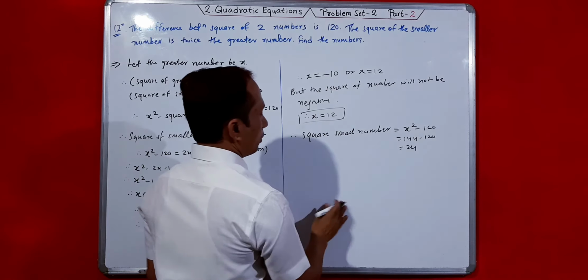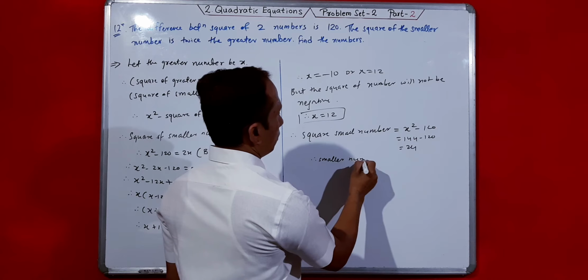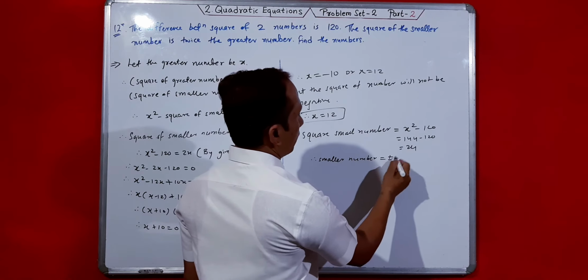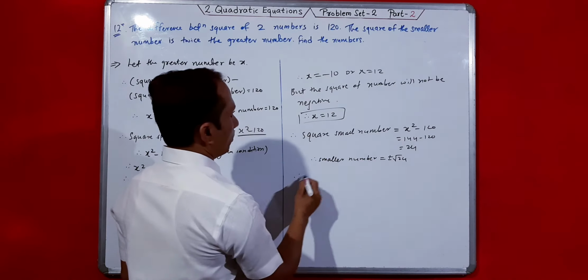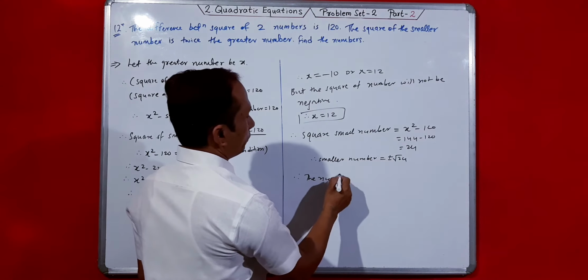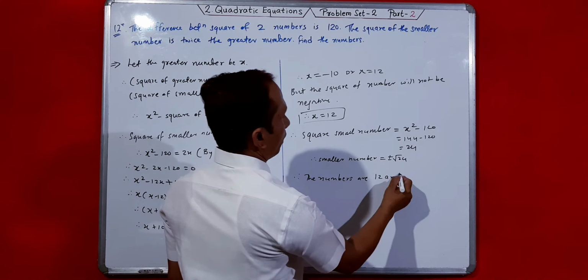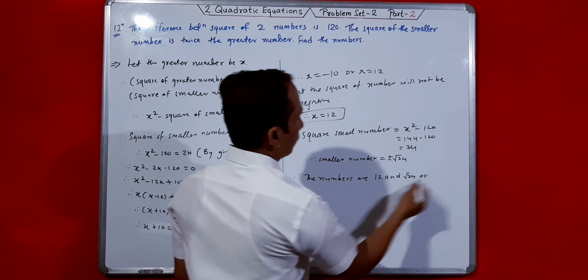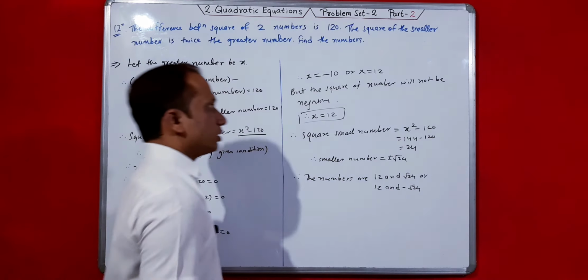Therefore the smaller number is equal to plus or minus root 24. Okay, so the numbers are 12 and root 24, or 12 and minus root 24. These are the two possibilities.